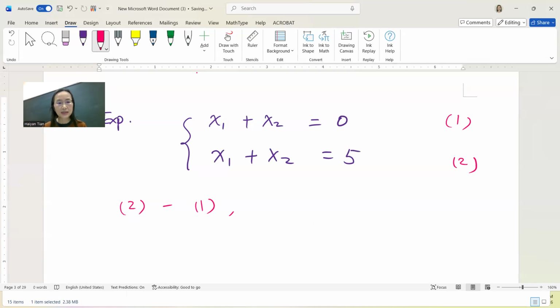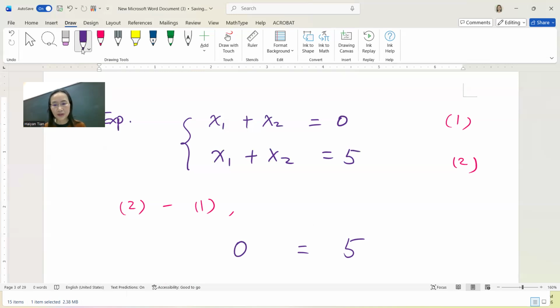When you do a subtraction, the left-hand side becomes 0. The 5 minus 0 is 5. So after the subtraction, the left-hand side becomes 0, the right-hand side is 5.